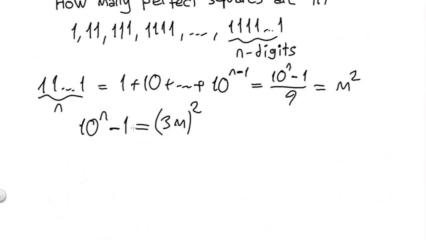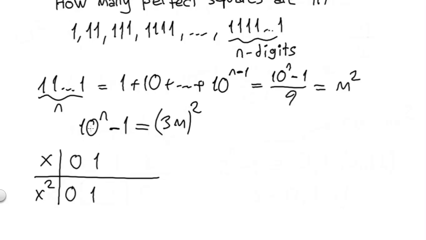The general strategy can be working with modulos. It's the easiest way, but it may be hard to find which modulo. So here we can just start from 2. I will calculate x and x squared for any x modulo 2. So x can be 0 and 1, and its square is also 0 and 1. Well, 10 is going to be 0 modulo 2.